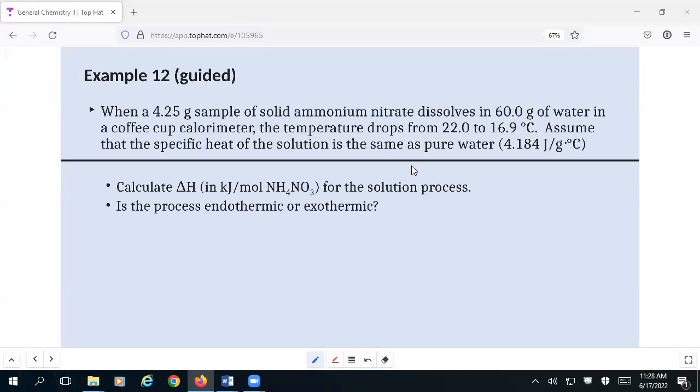So the key to this problem, like I said, is recognition of the fact that we're doing the same thing. The heat of reaction is going to be equal to the opposite of the heat of solution. And we had to recognize that both of these factored into the mass of the solution.